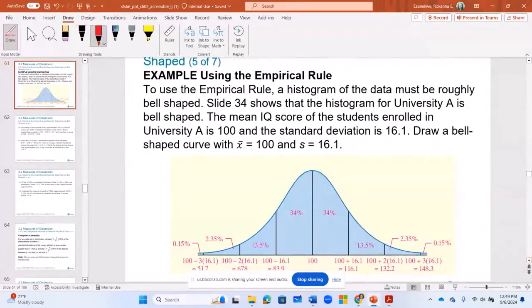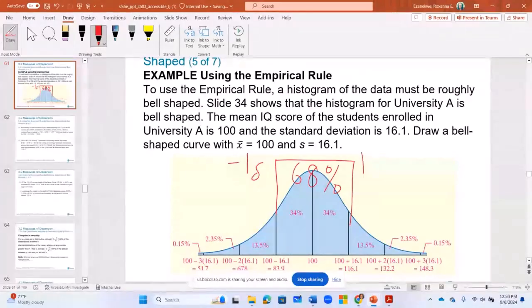The empirical rule says that in every normal distribution, 68% of the data lie within plus or minus 1 standard deviation. So minus 1 standard deviation on the left, plus 1 standard deviation on the right. Within means plus or minus.